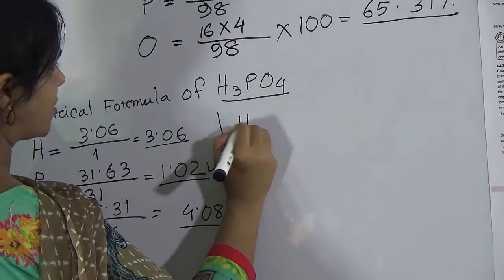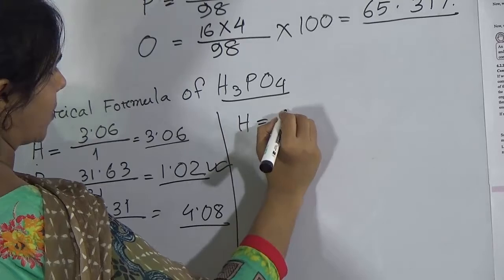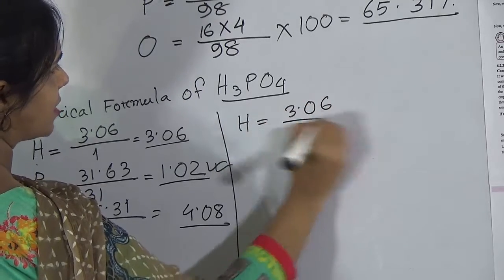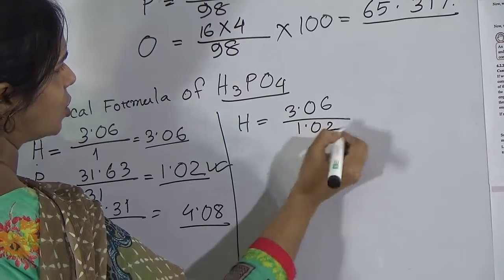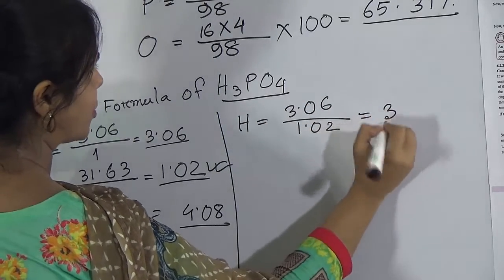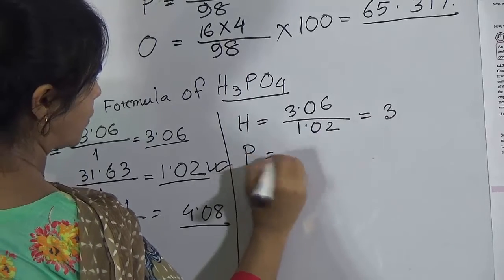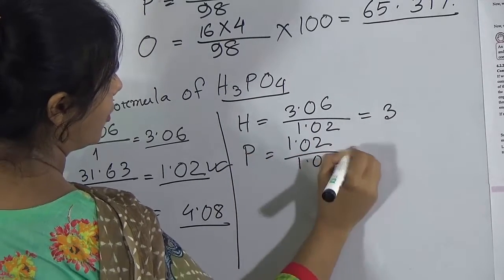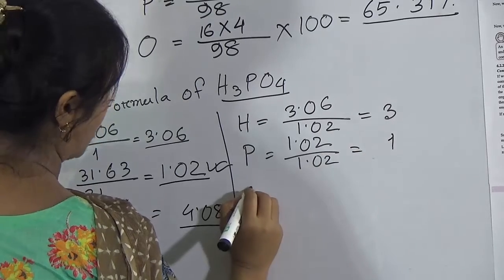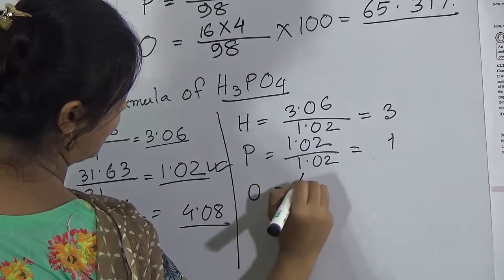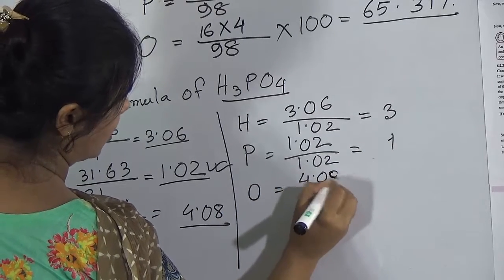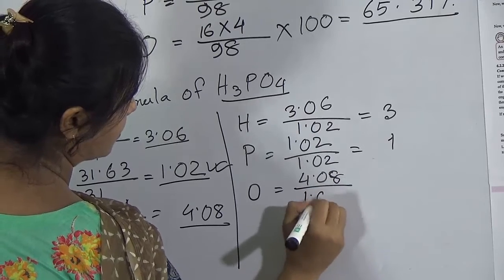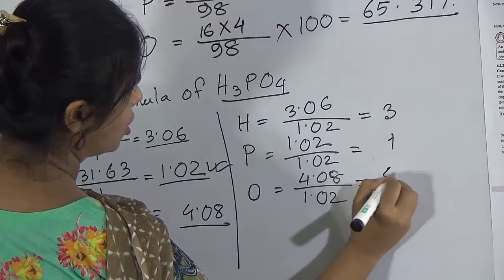So hydrogen will be 3.06 divided by 1.02 is equal to 3. Phosphorus will be 1.02 divided by 1.02 is equal to 1, and oxygen will be 4.08 divided by 1.02 is equal to 4.